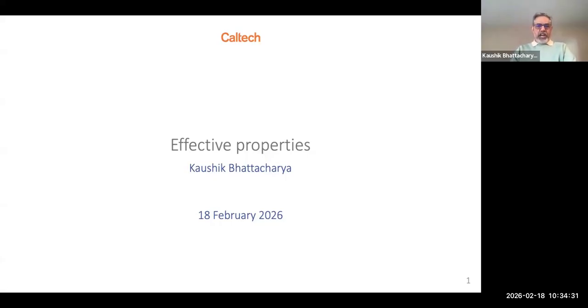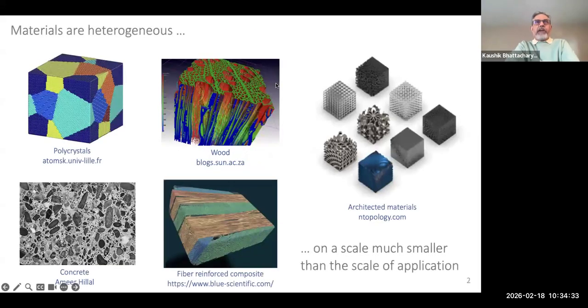If you look around yourself, virtually every piece of material that you see is inhomogeneous, right? I mean, metals are polycrystals, wood has this very complex structure, concrete has this incredible structure, fiber reinforced composites, and you can keep on going on and on, including the kind of architected materials that a lot of people talk about today, right?